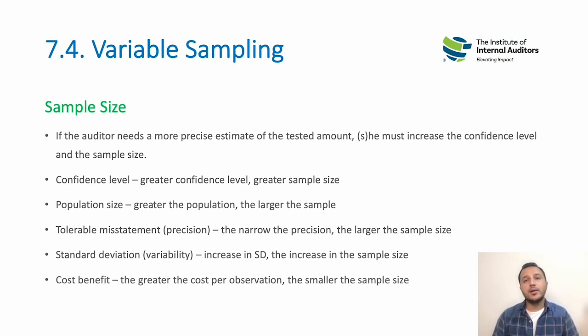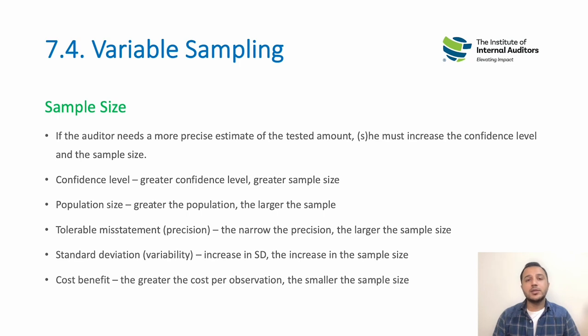Standard deviation, again: if the data has a higher standard deviation, which means that the data is dispersed against the average number within the data set, then you have to increase the size. If the standard deviation is less, meaning the variability within the data is less, then you can reduce your sample size.